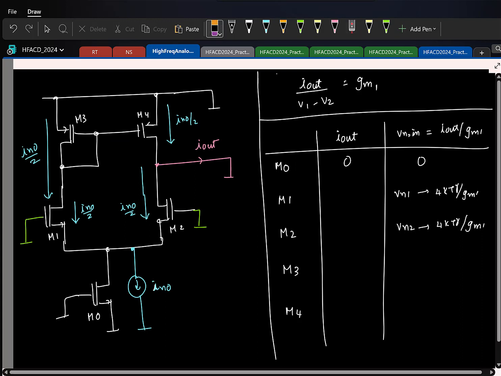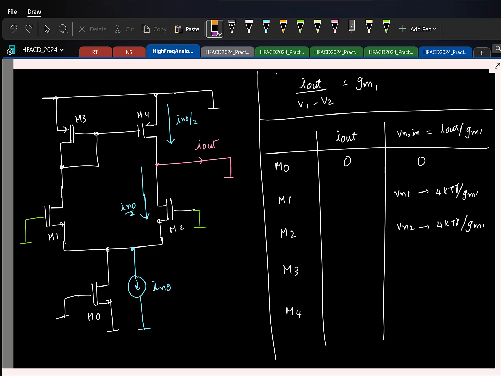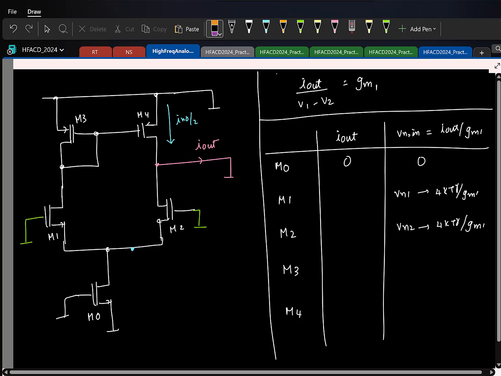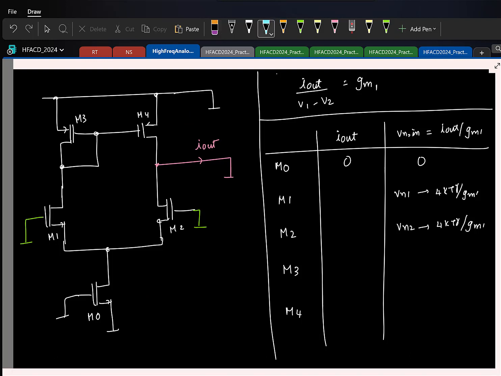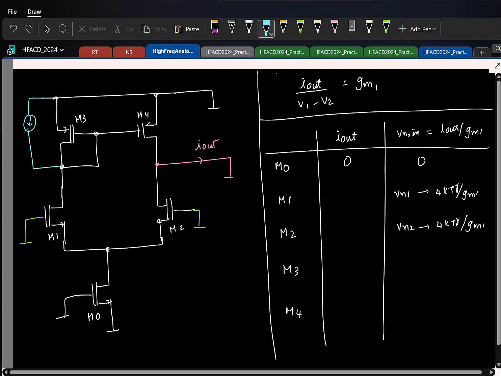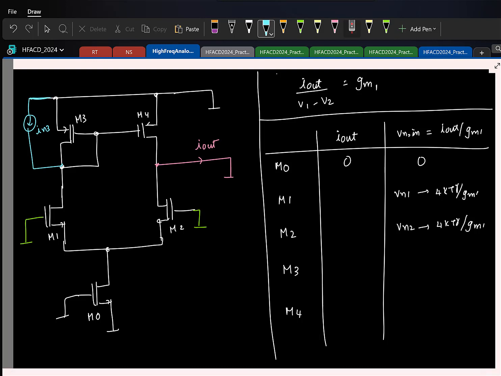Let me erase these things. So now let's look at M3. For M3, the noise current, let us say I model it like this. The top side is incremental ground, so I'll maybe redraw it differently. I'm just saying that the current is injected like this.